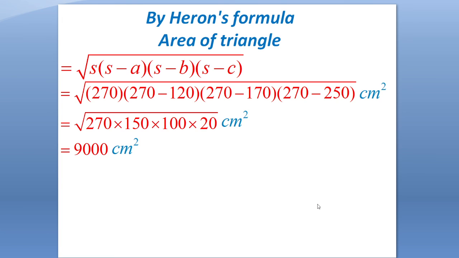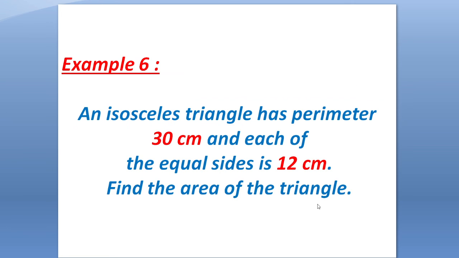So it is equal to root of 270 into 150 into 100 into 20 centimeters square. So it gives 9,000 centimeters square as the area of the triangle.